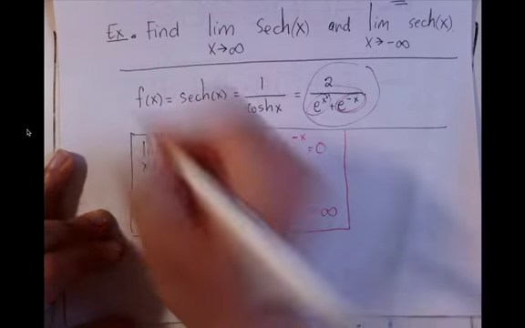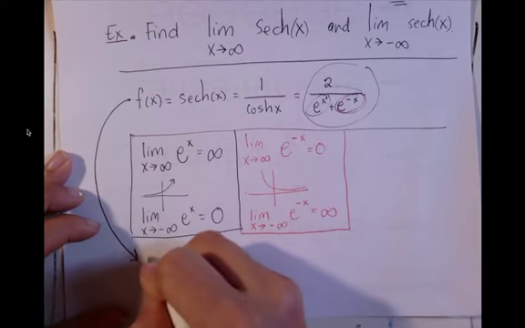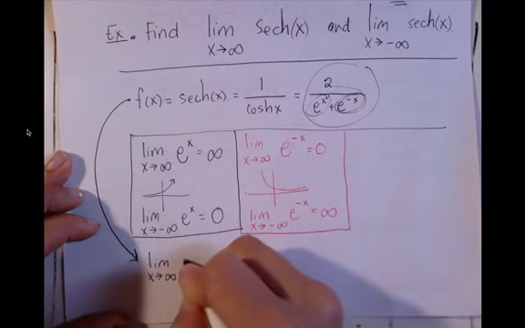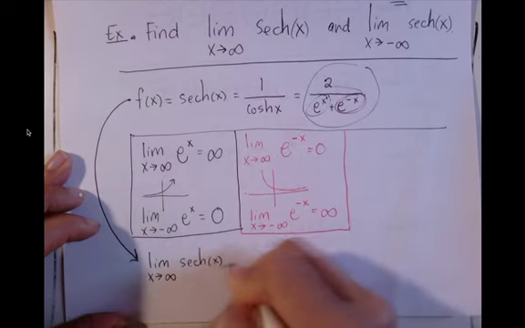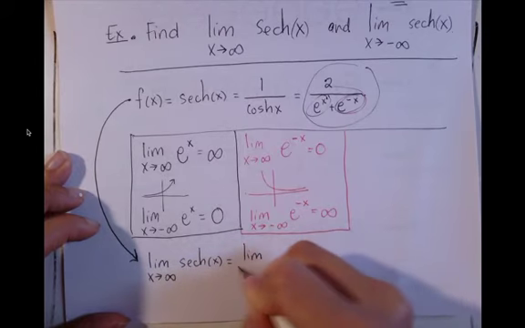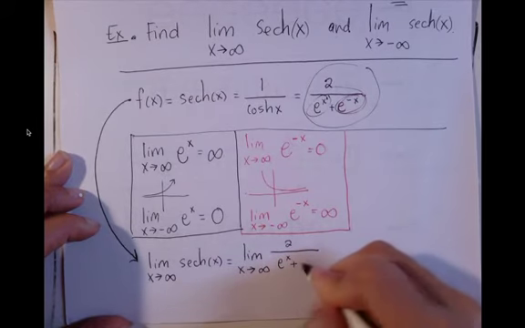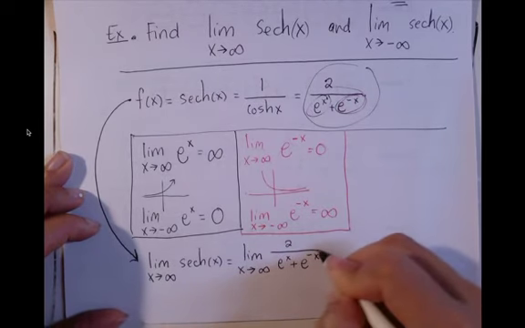So now let's go back to the original question. The limit as x approaches infinity of hyperbolic secant is equal to the limit as x approaches infinity of 2 over e to the x plus e to the opposite of x.